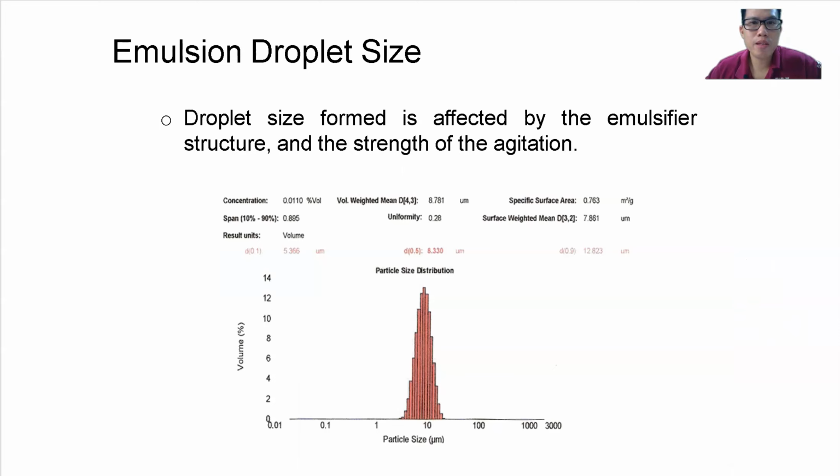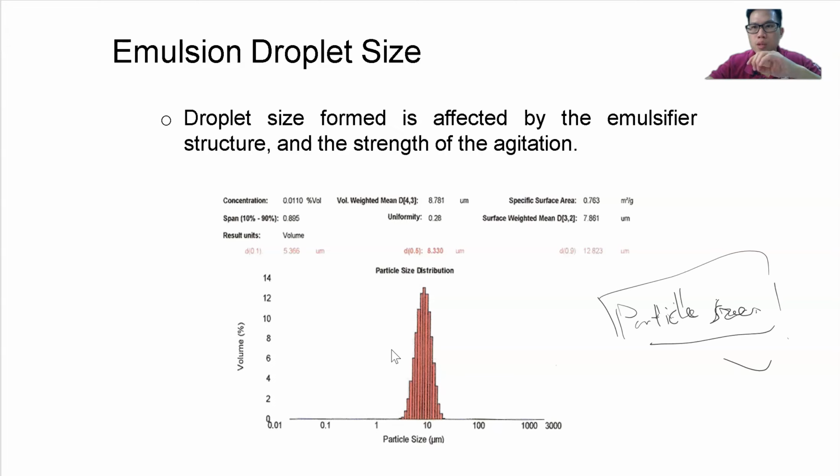How you can determine the droplet size is using what we call a particle sizer. A particle sizer is a machine that determines the droplet size in the emulsions.